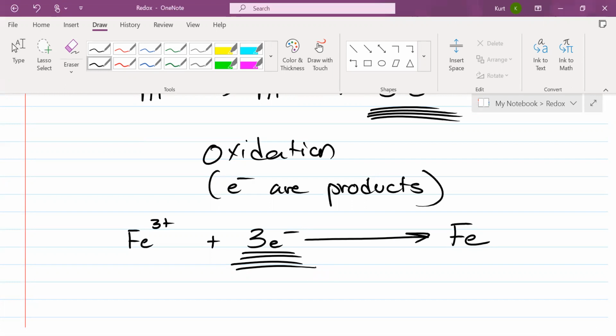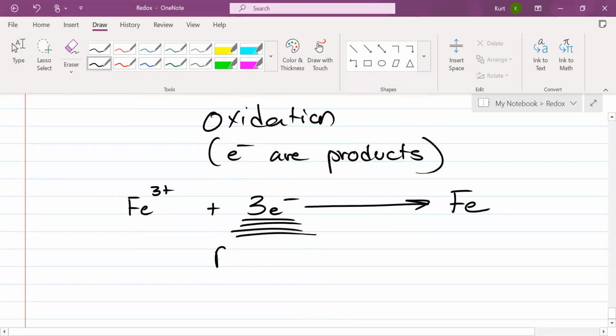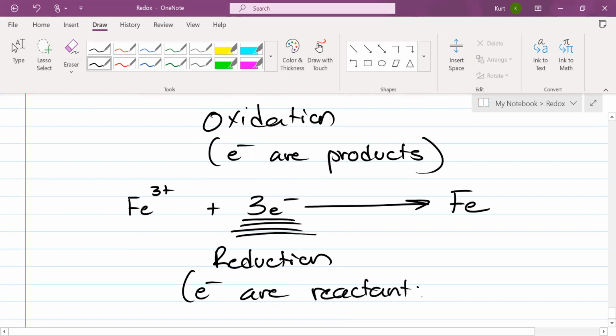Ultimately, that's what I'm getting at. Like when new freshmen start next year, they are being gained by Plant High School. We have new students being gained by the school. This is known as reduction. Whenever you see electrons as a reactant, that is an example of a reduction reaction, okay?